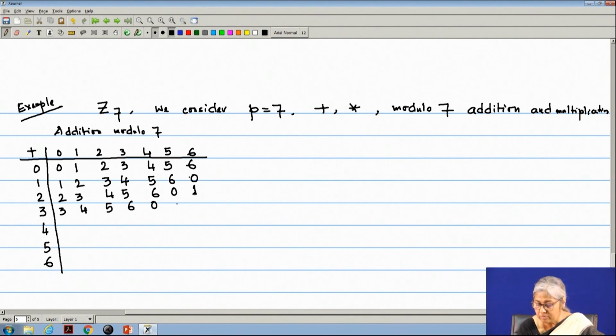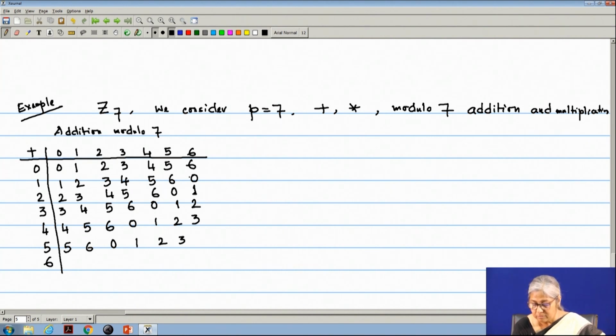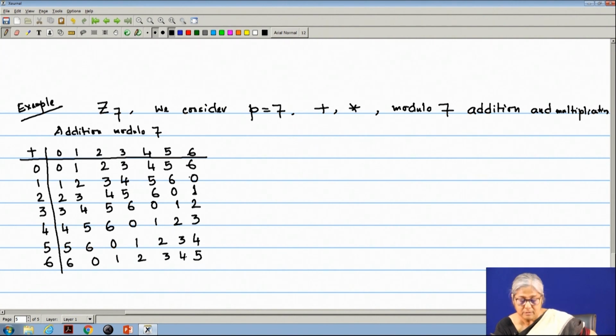Again 7 modulo 7. It is 5, 6, now it will be modulo 7. So, it will be giving 0, 1, 2, 3, 4, 5, 6, 0, 1, 2, 3, 4, 5.